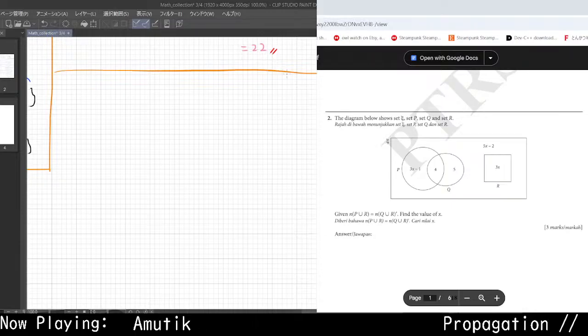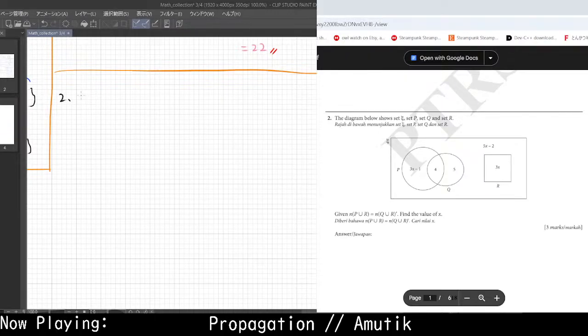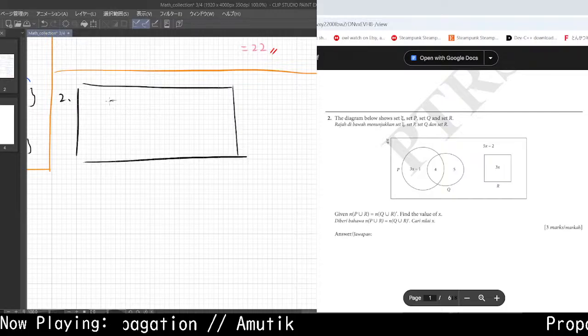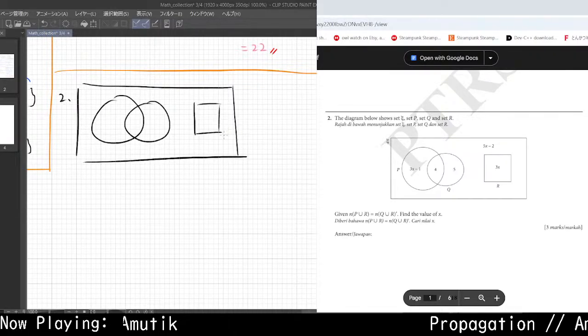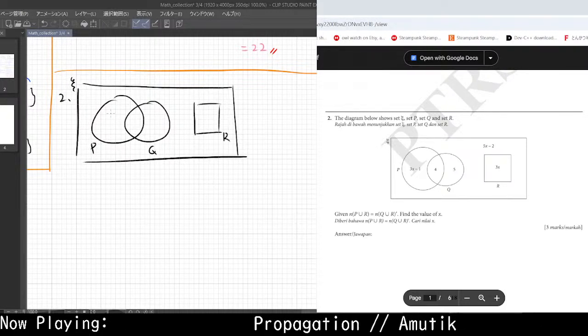So how do you locate these combined sets? Okay, let me just draw it out first. Your P is here, Q is here, R is here.